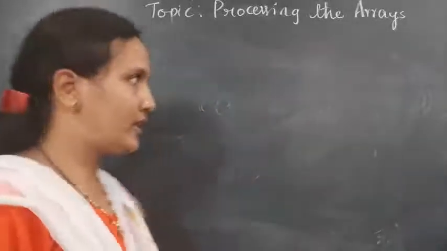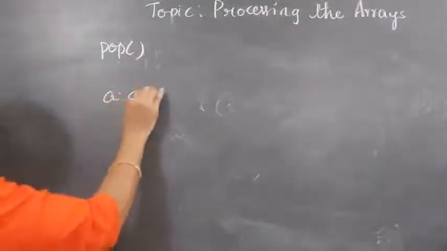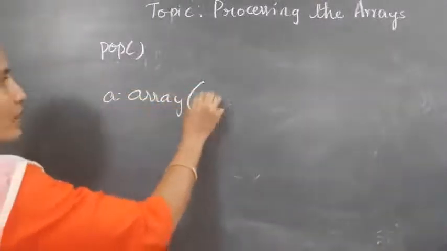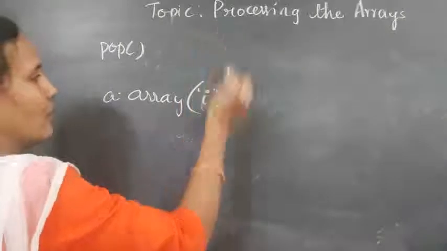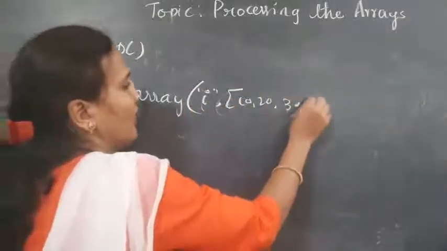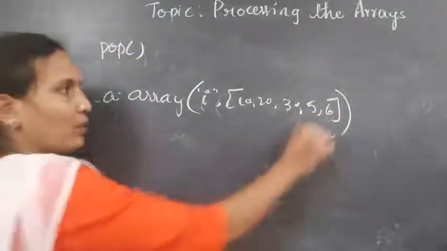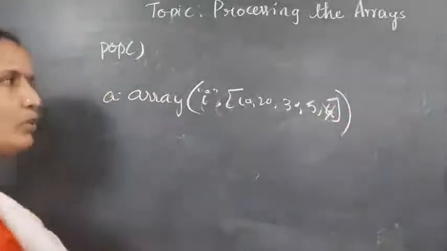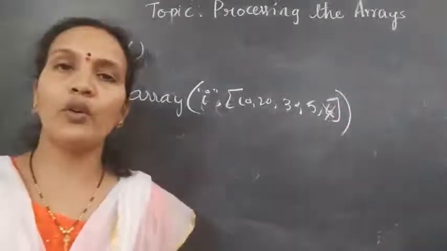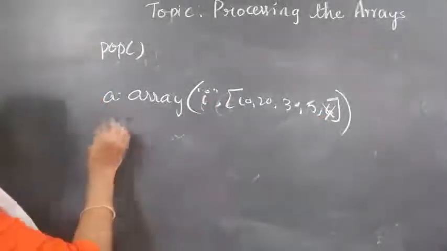Example, here A equals to array 10, 20, 30, 5, 6. This is an array. I want to remove the last element, then directly you can use pop like this.